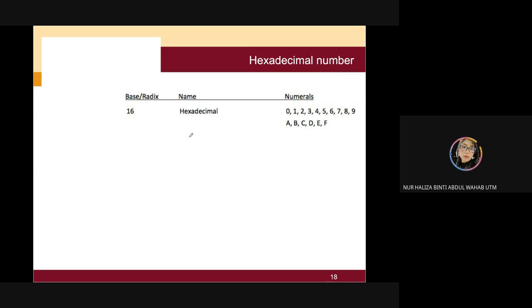And okay, I give you an example. Let's say you have 1A. What is basically 1A if it is base 16? As similar, you're going to multiply 1 with 16 to the power of 1, which is 16 times 1, plus A times 1.